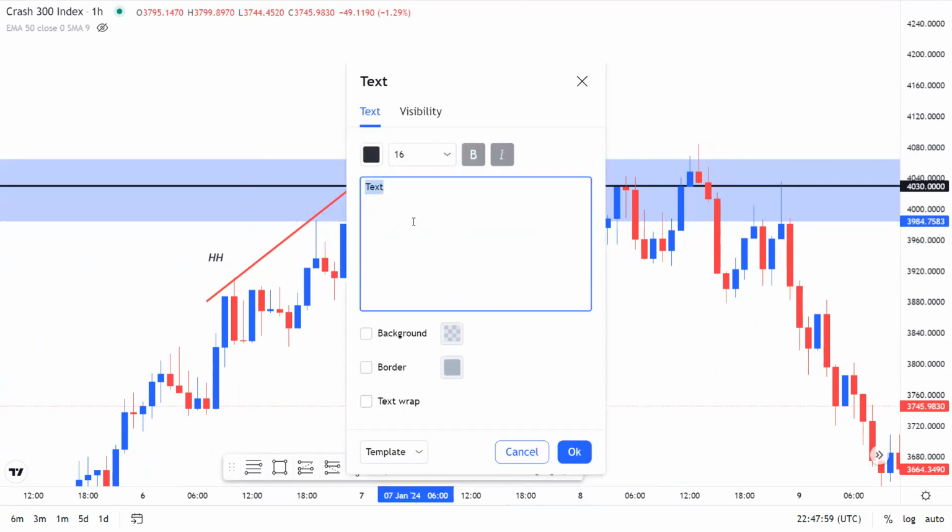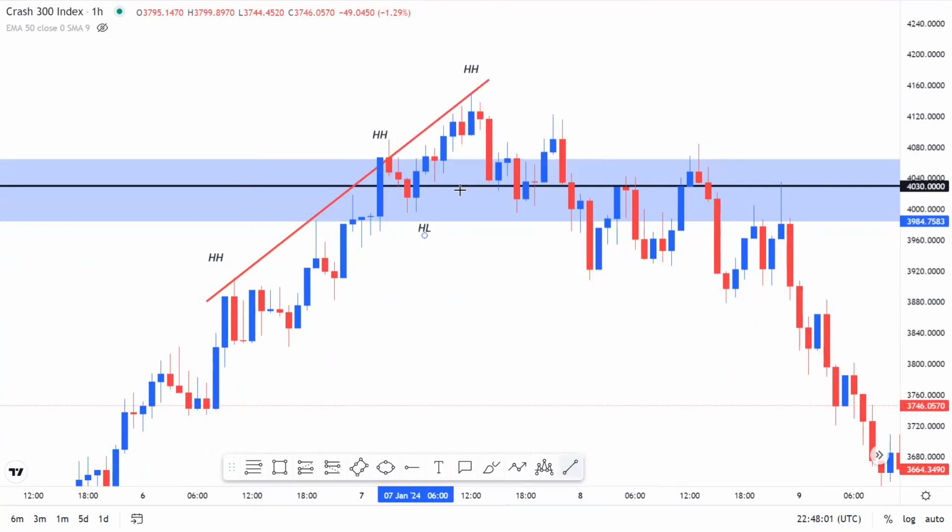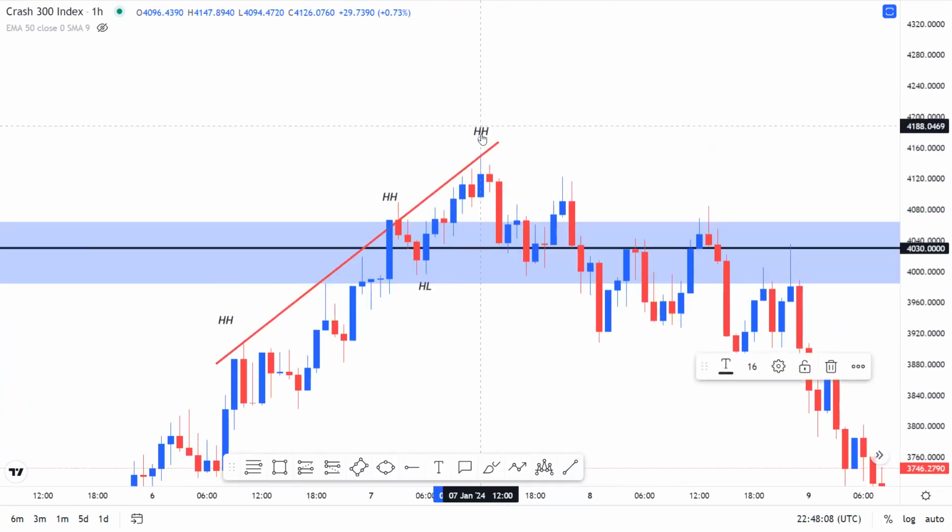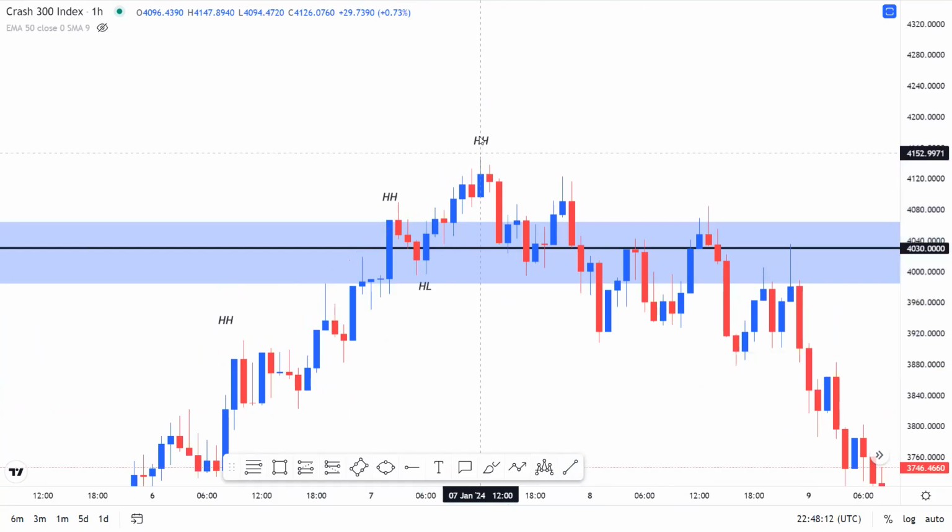We had this being our higher low that led to the higher highs right about here.